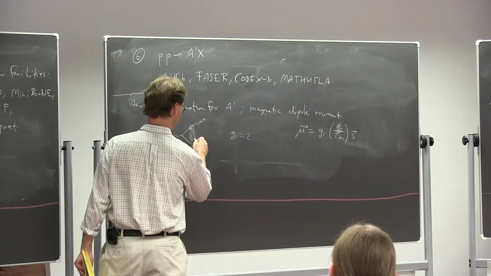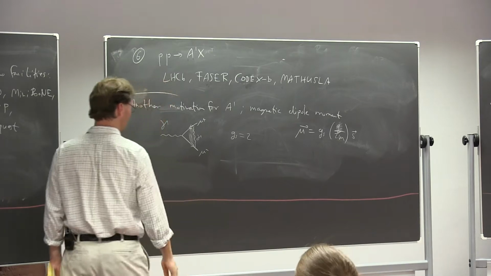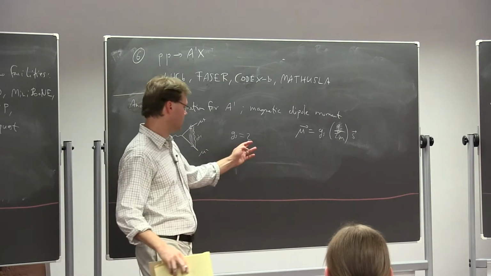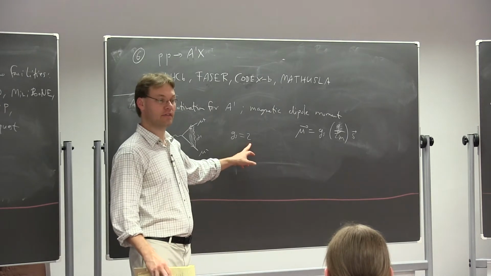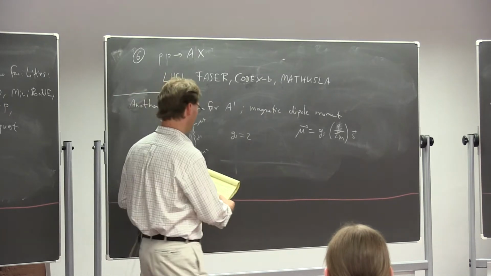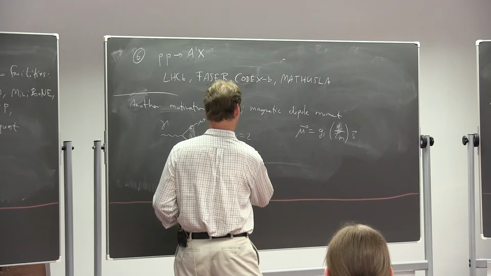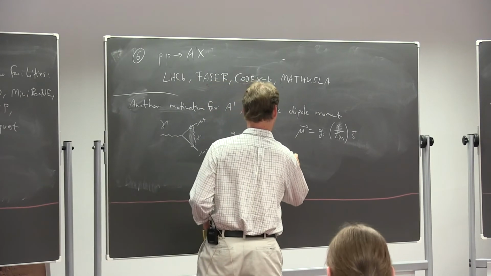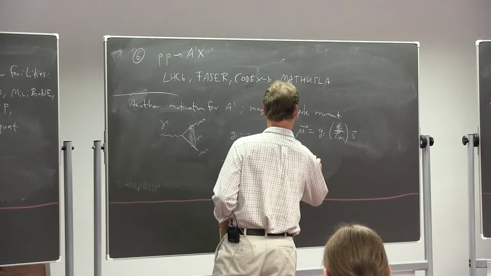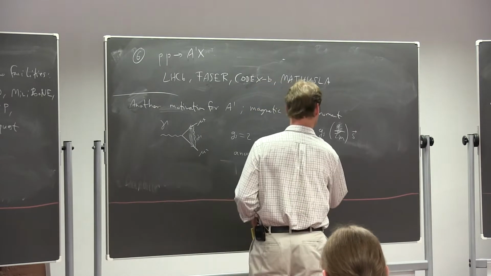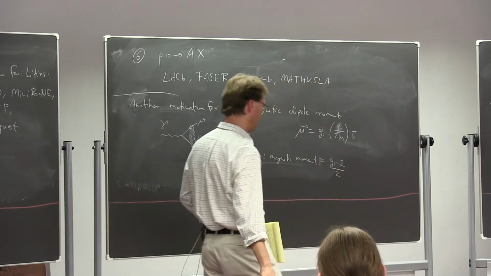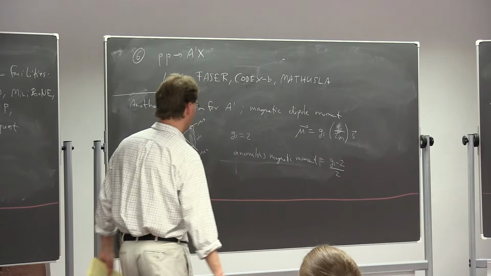There are corrections like this from a photon, and various others, and that means that it differs from 2 a little bit. The amount it differs from 2 is called the anomalous magnetic moment. I think it's defined to be divided by 2 as well.